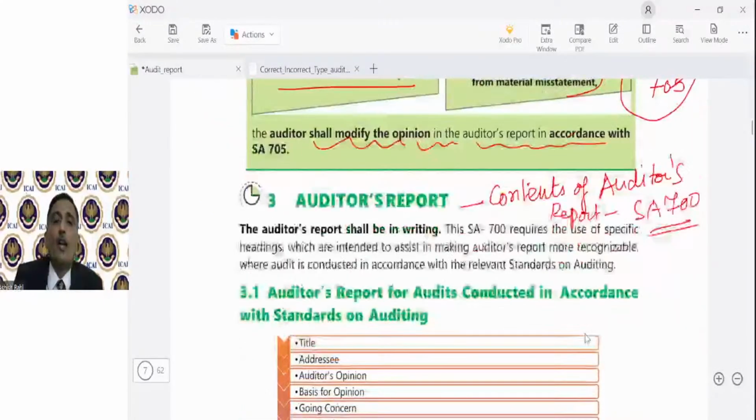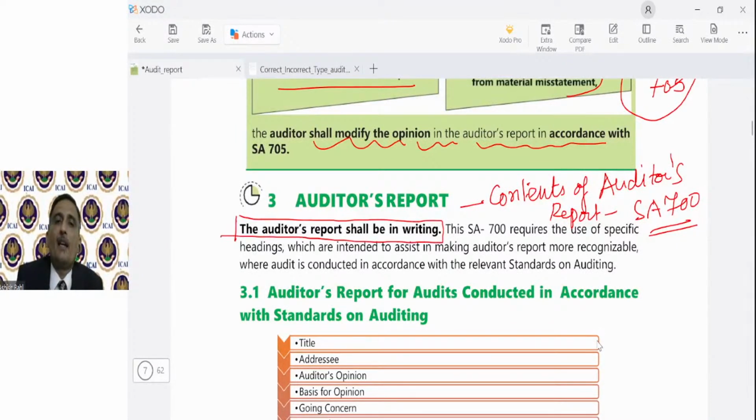Now, SA 700 states that the most important thing is that the auditor's report shall be in writing. Any report, it is plain common sense, students, that any report has to be in writing.